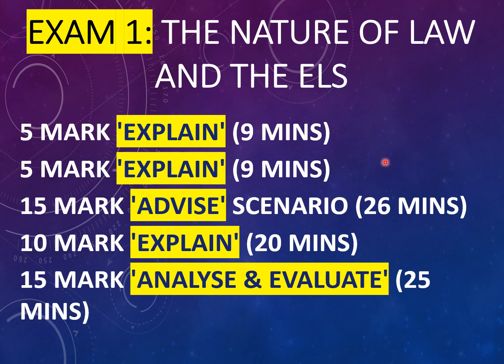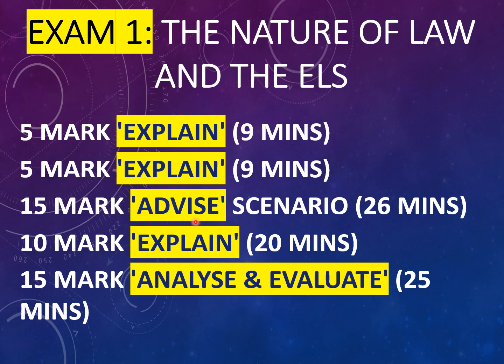Remember, timing's really important if you want to maximise your chances of getting the higher marks. You don't want to spend all your time at the beginning, particularly on lower mark questions, and then run out of time when you get onto questions that are worth more marks, like the 25 marker at the end. So you've got 2 5 markers, then you've got a 15-mark advise type question.